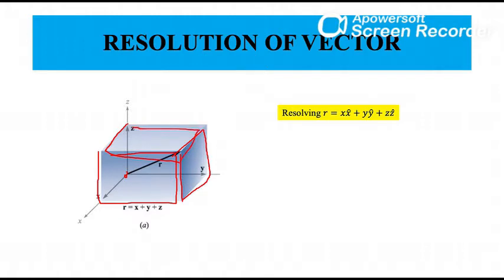Okay, so if you bring all 3 planes together, the intersection will be the terminating point of r. So I can draw a line from the origin until I reach the point over here. That will be the vector r for me.